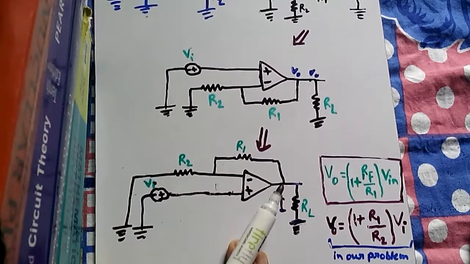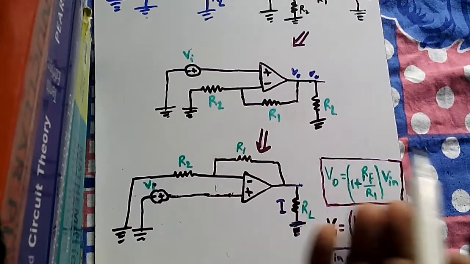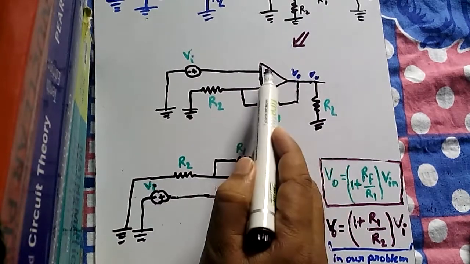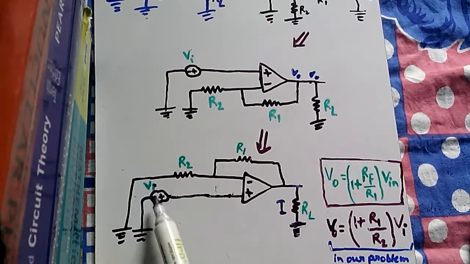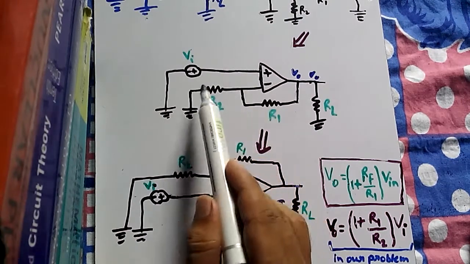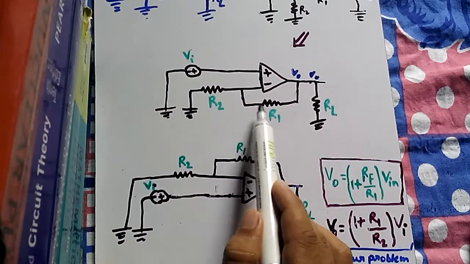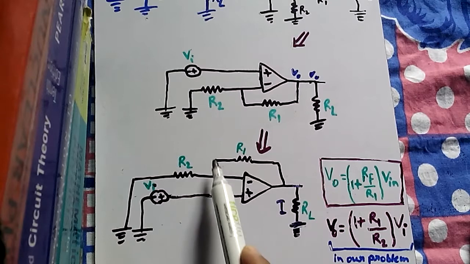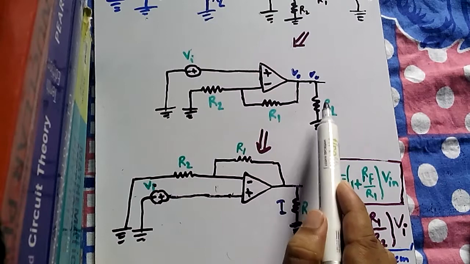I am just simplifying the look of the circuit. So the same things are still there. From the plus terminal, Vi; from the negative terminal, R2 grounded; and before R2 there is a circuit with R1 going to the output, RL.